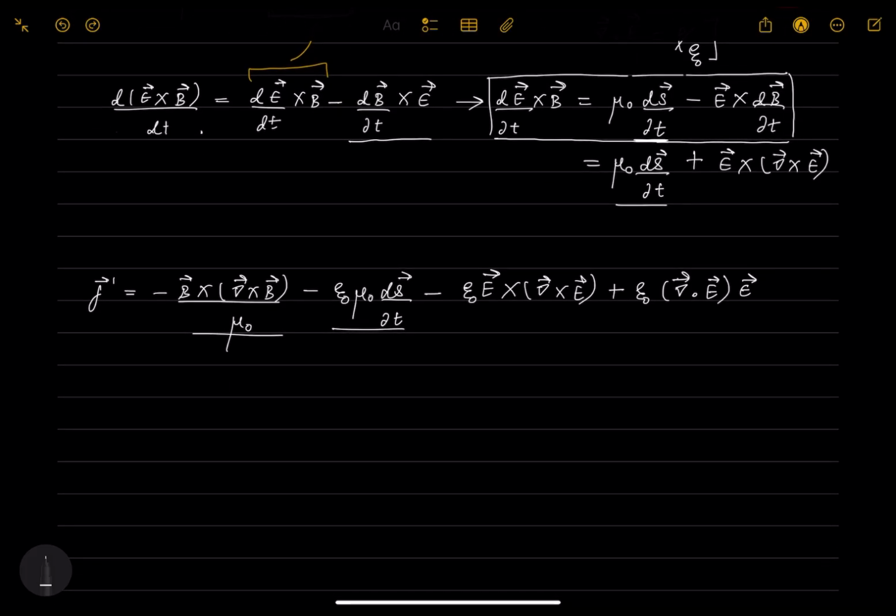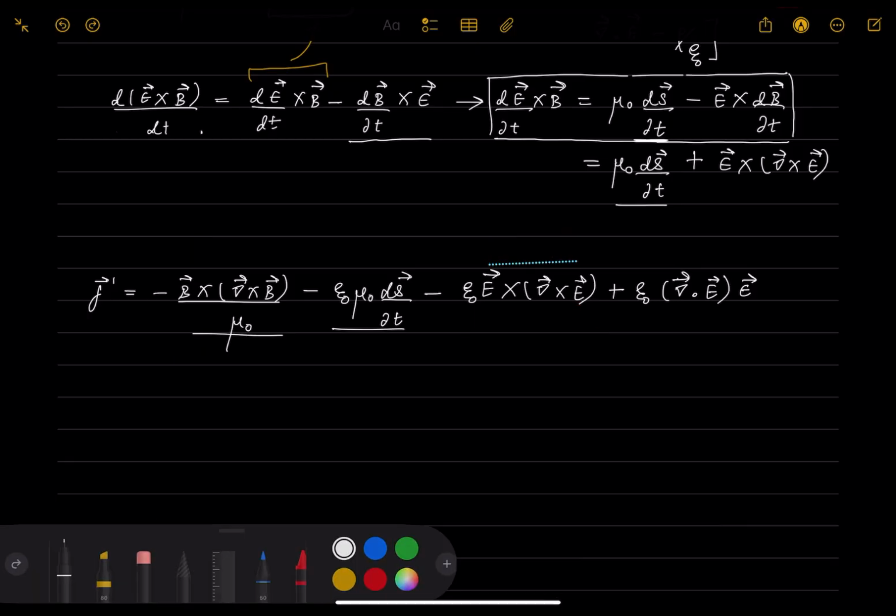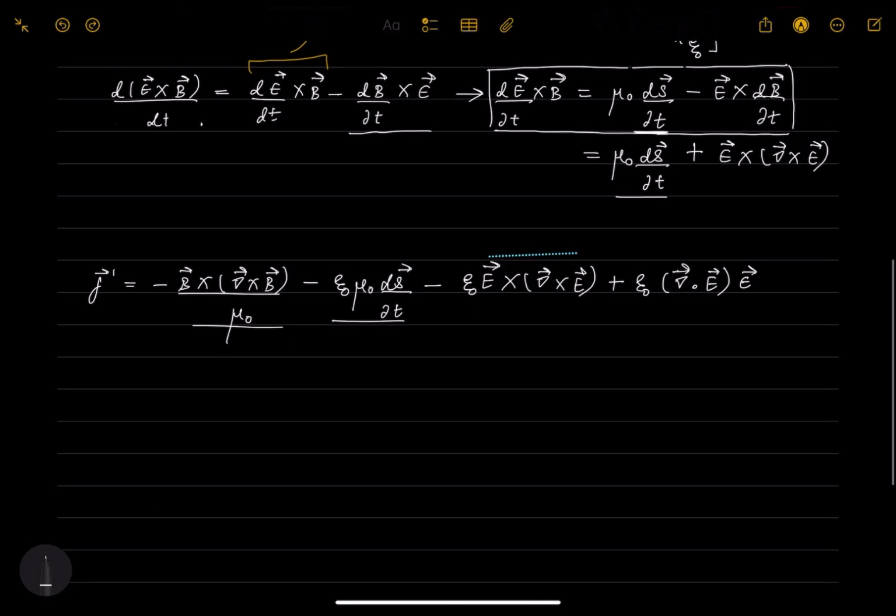All right. So let's think about these two terms. I think they've got something in common. They're both one field, of which we've taken the cross product with the curl of that same field, right? This is B cross the curl of B, and this is E cross the curl of E. I think that should tell us a bit about what product rule we're going to use next, right?